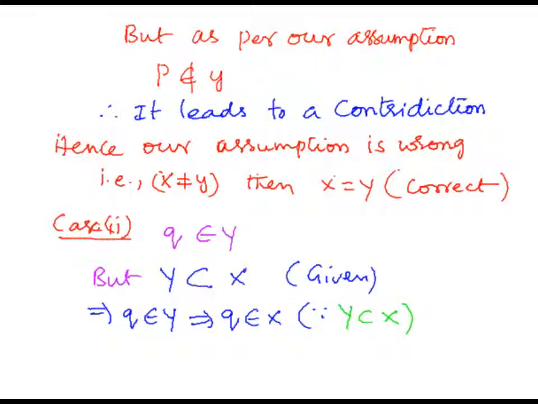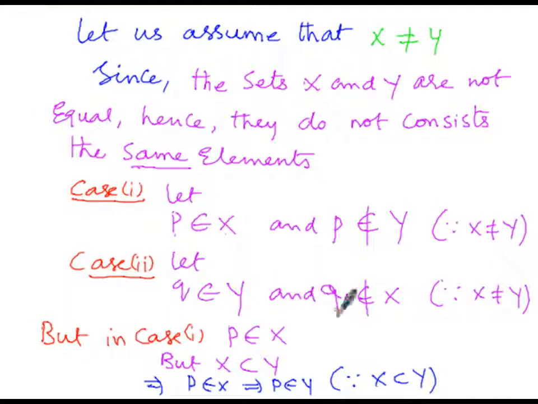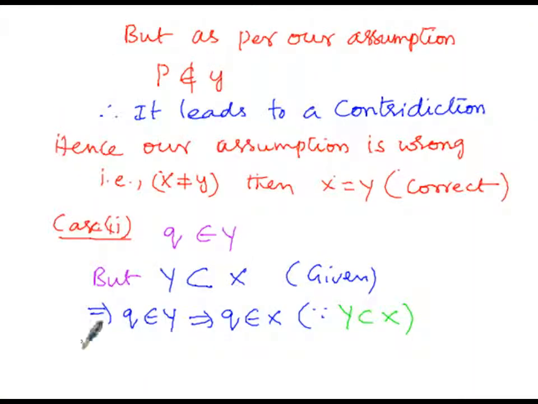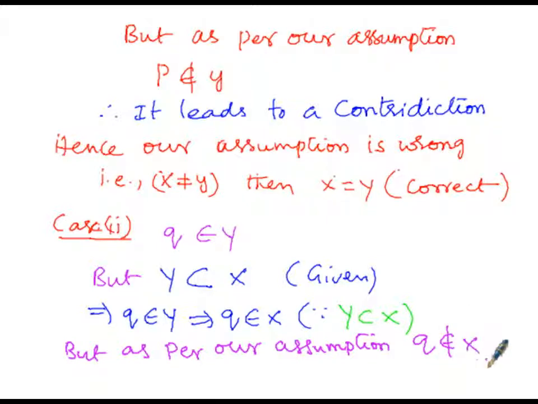But according to our assumption, we assumed that Q does not belong to X, only Q is belonging to Y. So as per our assumption, Q does not belong to X, but here we got Q belongs to X. Hence it leads to a contradiction.